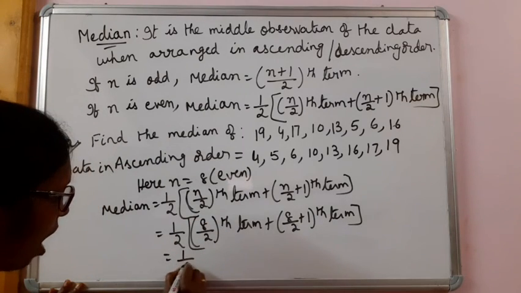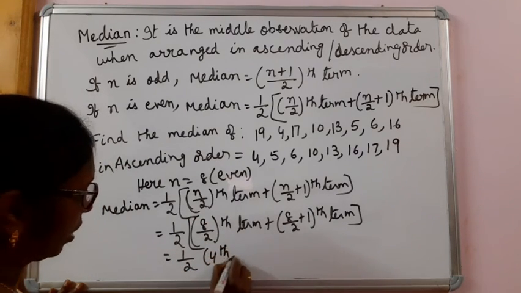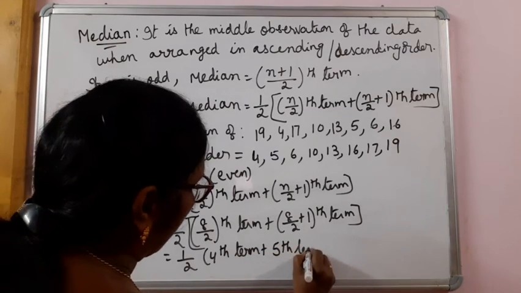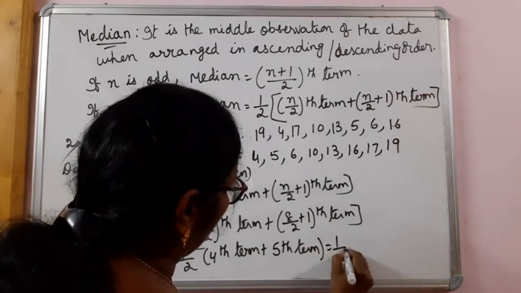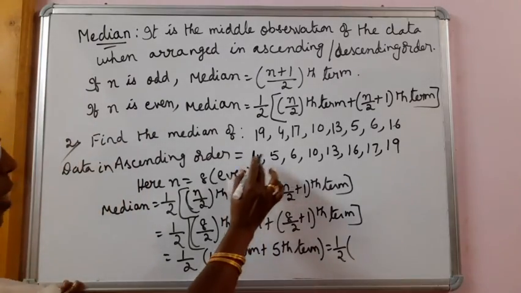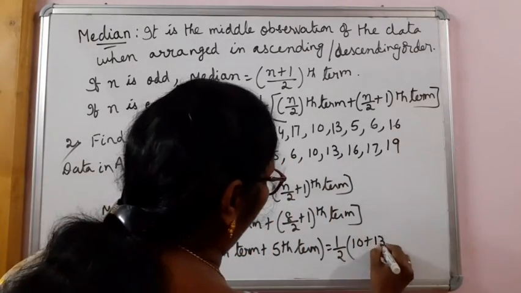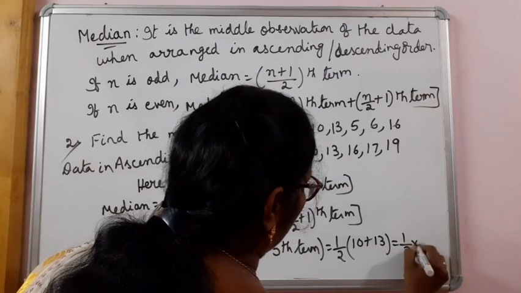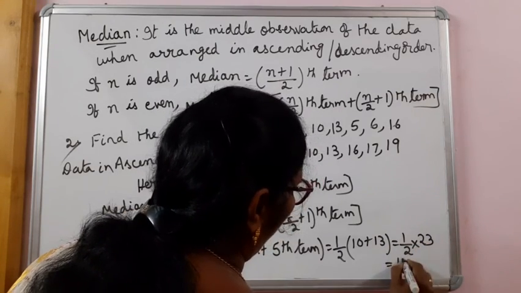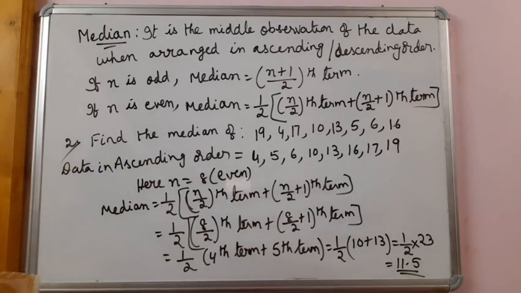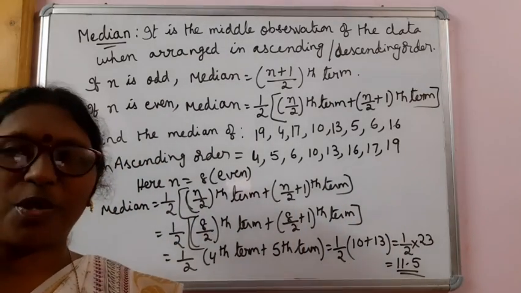So half of the 4th term plus the 5th term gives you the median. The 4th is 10, the 5th is 13. So half of 23 gives you 11.5. So for this data, the median is 11.5.